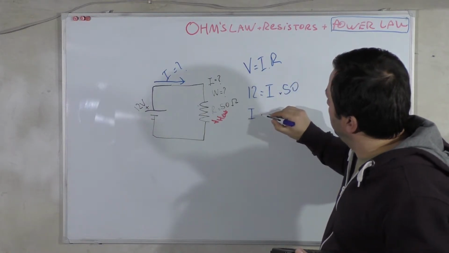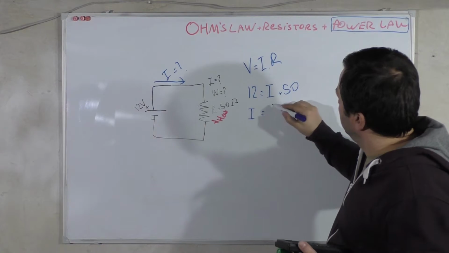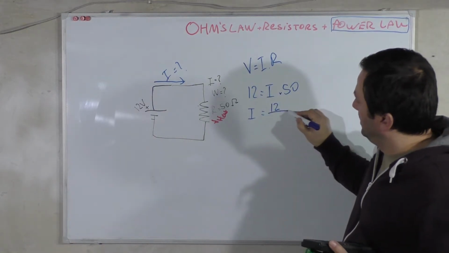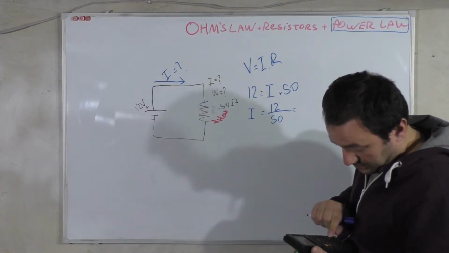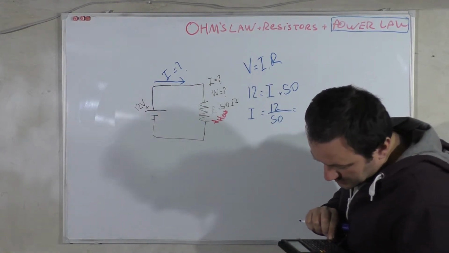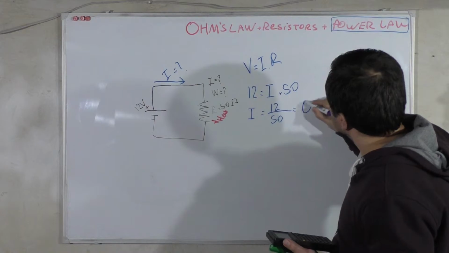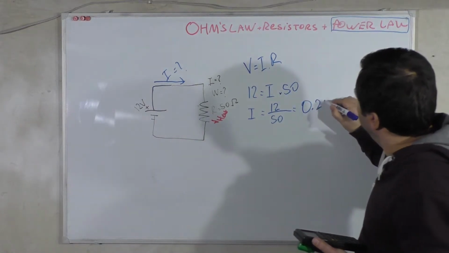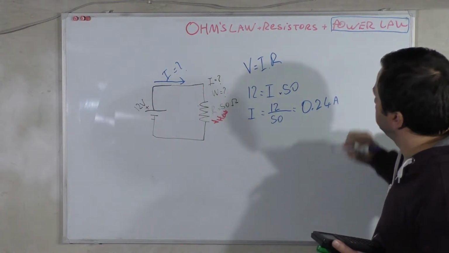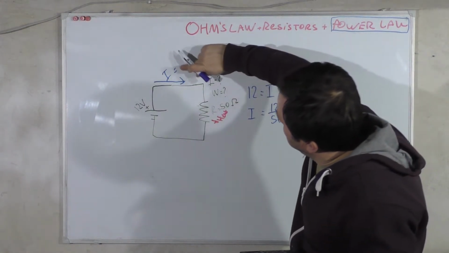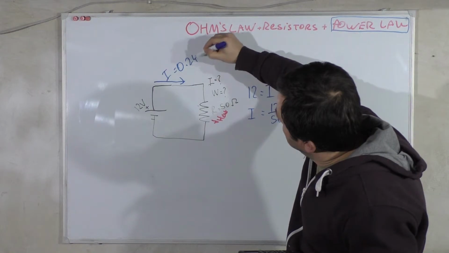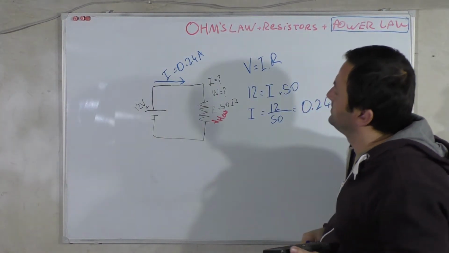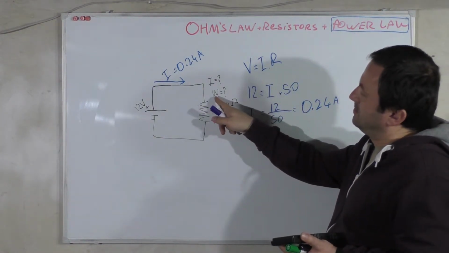So our ampere is 12 divided by 50. Let me see. It equals 0.24 amps. So we know already 0.24 amps. So what is our watt?